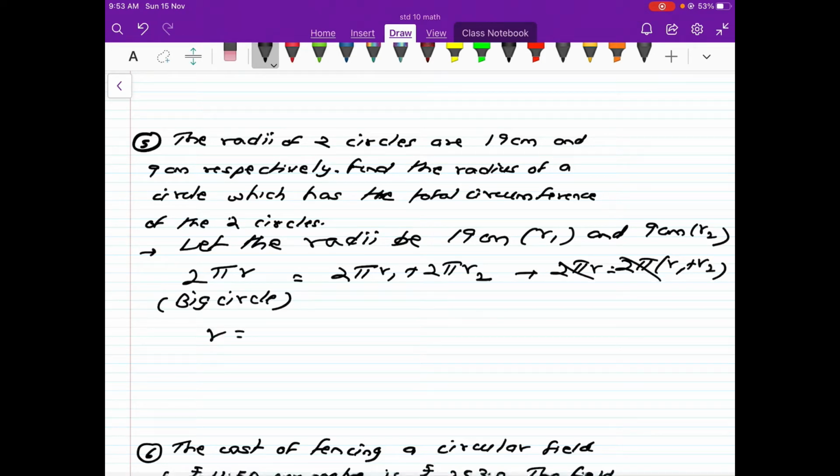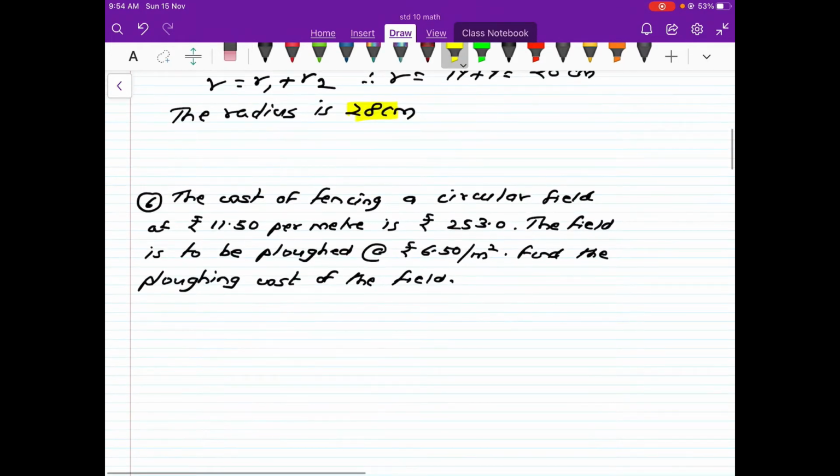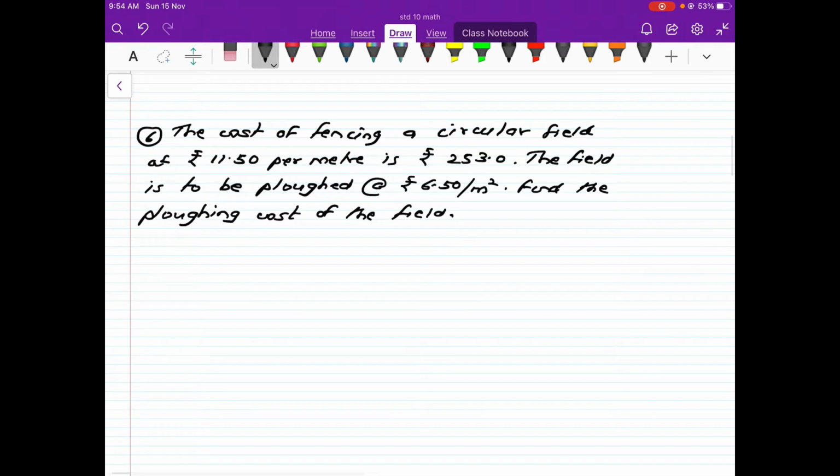We will get r is equal to r1 plus r2. Therefore r is equal to 19 plus 9, means it is 28 centimeters. So we will say the radius of the big circle is 28 centimeters. So that's the answer.